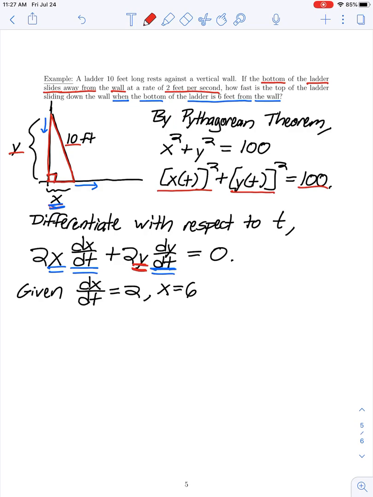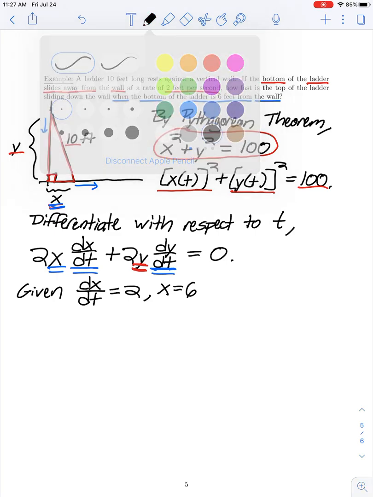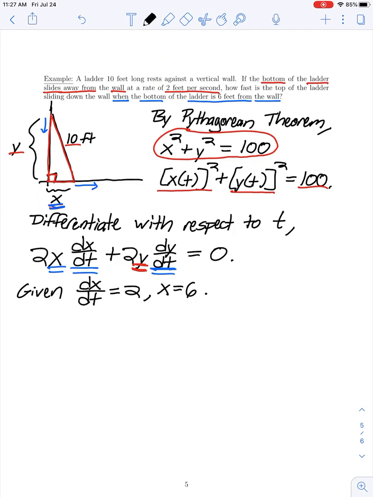So let's think about how we could find y. If we know the value of x, then we can look back at the equation relating x and y from the Pythagorean theorem and use that equation to solve for y. So we're given dx dt and x. The question is, what is y?